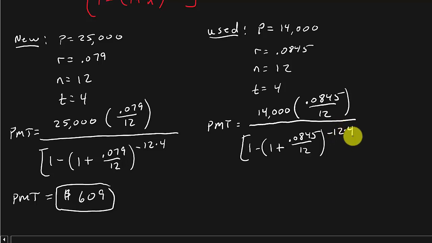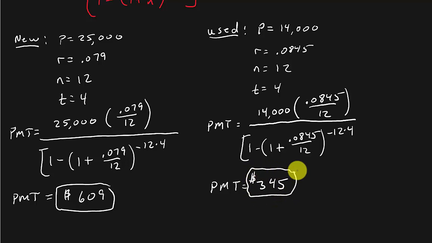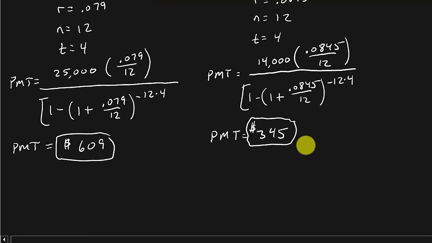And that is going to give us a payment of $345. That's the payment for the used car. Then they ask us, what is the difference in monthly payments between financing the new car and financing the used car?